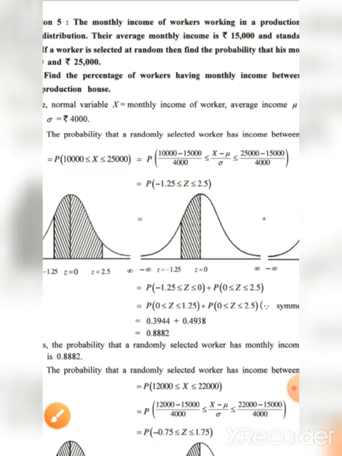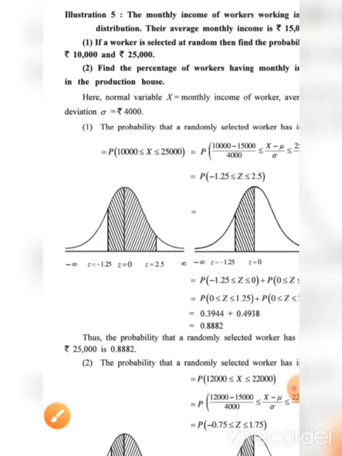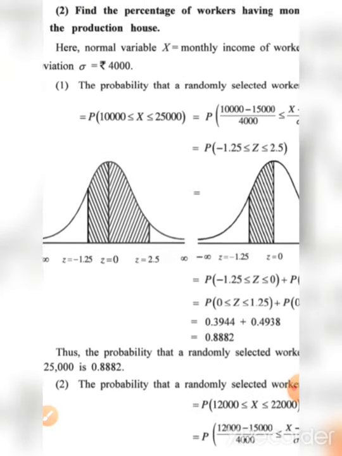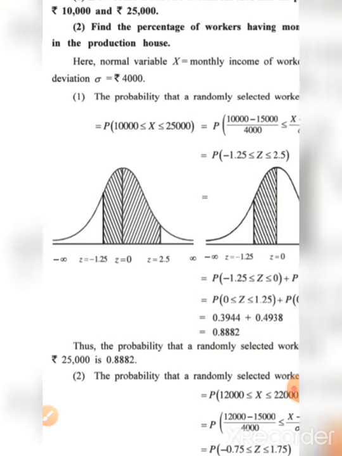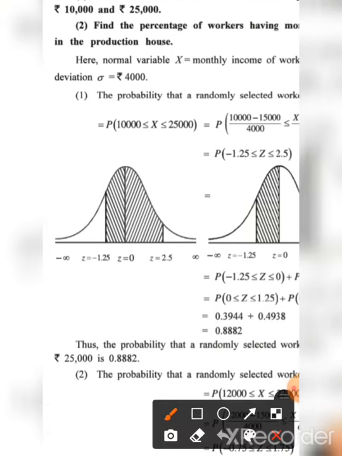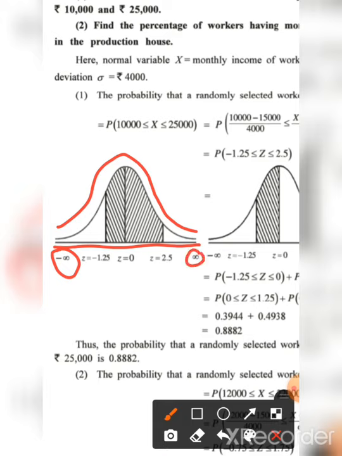Now how can we have this in the diagram? First of all, again your normal distribution curve, x-axis minus infinity to plus infinity, in between z is equal to 0, right?